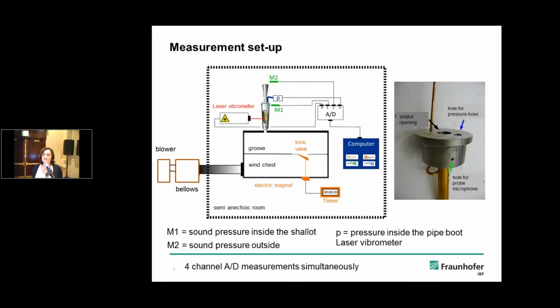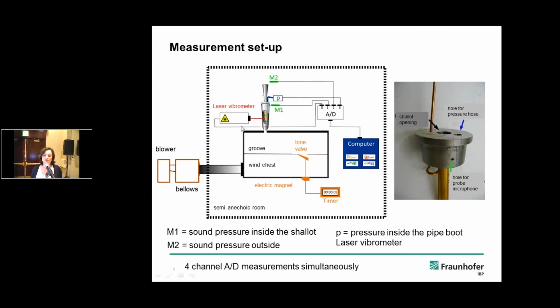So I just want to show you the measurement setup, what kind of measurements we carried out on reed pipes. This measurement setup was settled in a semi-anechoic room, and we simultaneously made a 4-channel AD measurement.